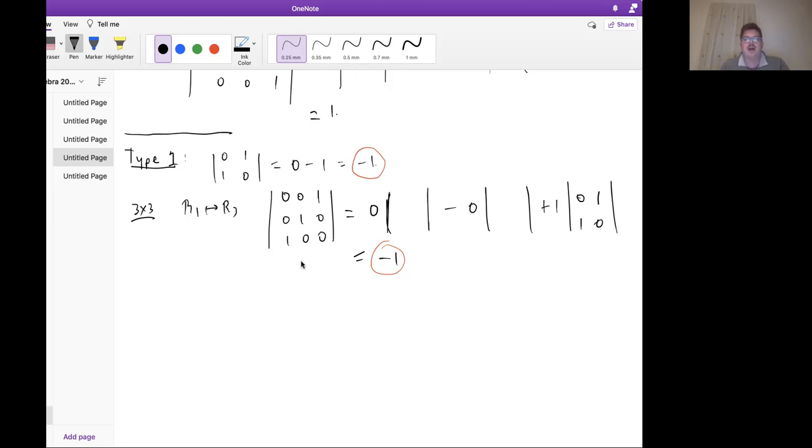But it depends, right? If the determinant of the original matrix is negative, then row swapping it will make it positive, right? We'll do an example where the determinant of the original matrix is negative and then we row swap it. It just depends on the matrix.